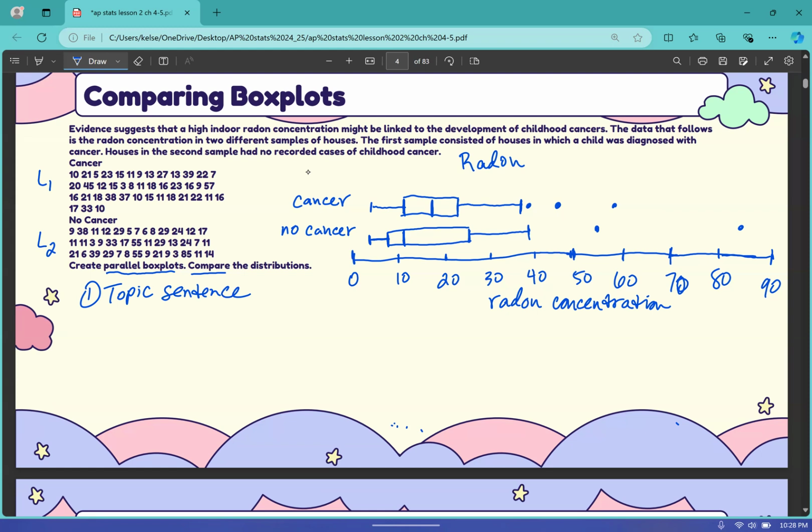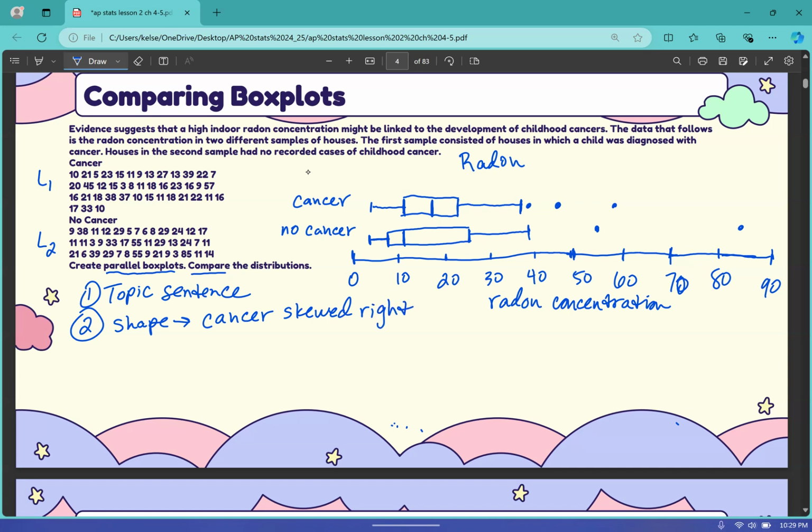All that good stuff. So just address what they tell you. Give that context. Then step two, we're going to follow our acronym, and we're going to get information for both plots. So the first thing is we will compare their shape, right? We can see for Cancer, it is skewed right.